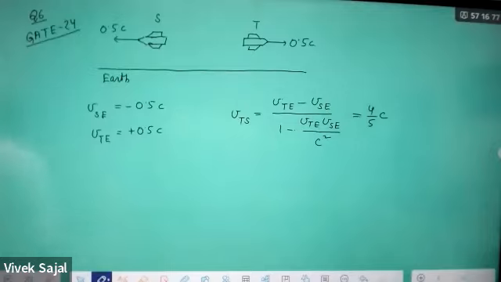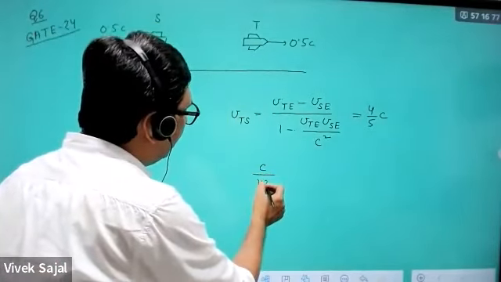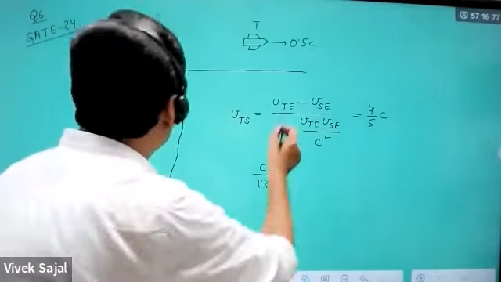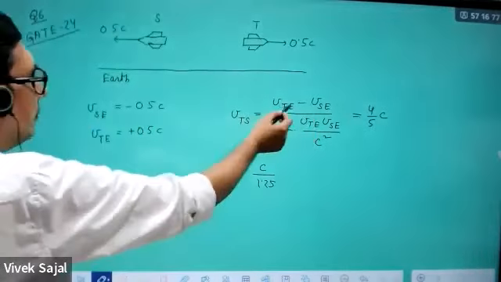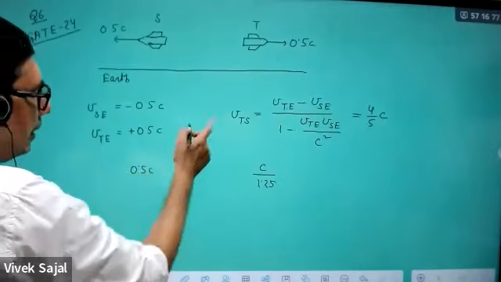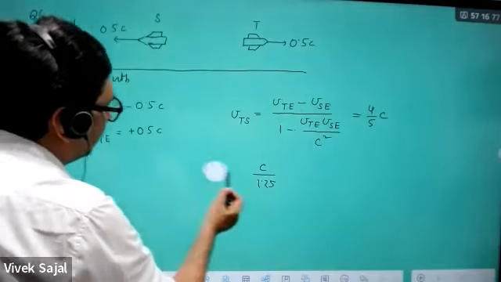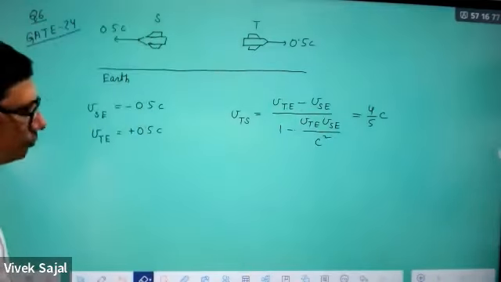What you are going to get is c upon 1.25. If I substitute here, this will be 0.5 c. Yes, sorry sir, I made a mistake in plus minus. Okay beta. So this was question number 6.